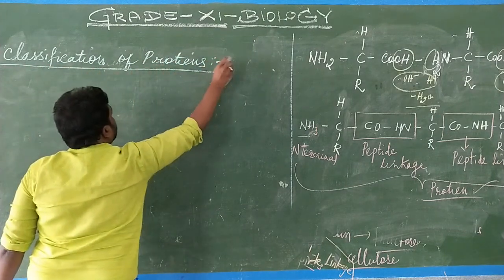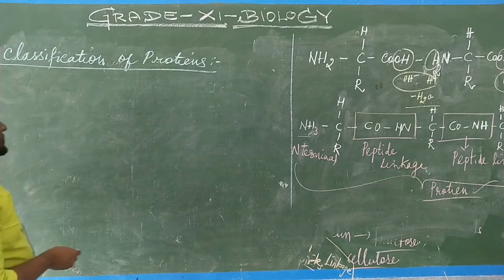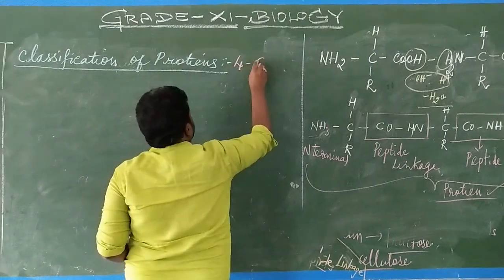Proteins are broadly classified into 4 categories. There are 4 categories.